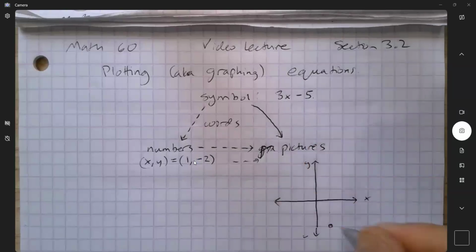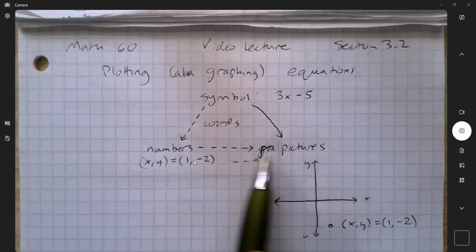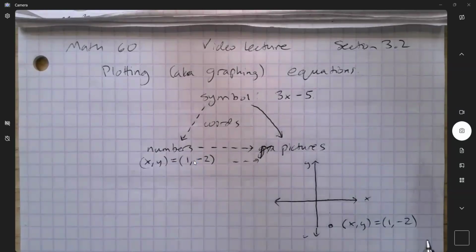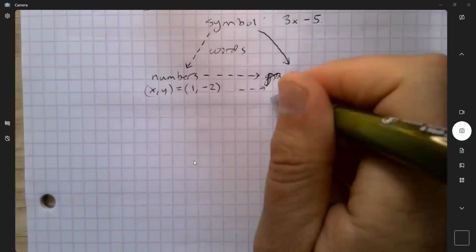All right, so we've already practiced that skill. And so when we have to go from a formula and somehow make a graph of it, let's work through the numbers representation to make our job easier.